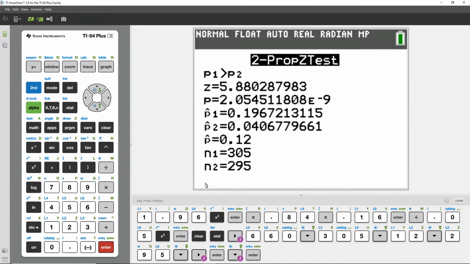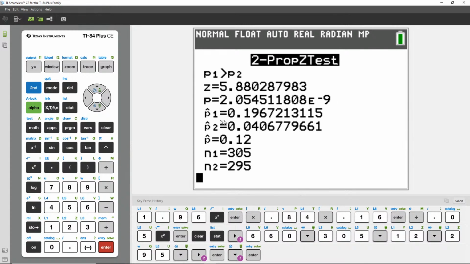Now, what did we get? We got the test statistic as 5.811. That is very significant because remember, this is the z-score on a standard normal distribution where the mean is 0 and the standard deviation is 1. That's 5 deviations positive. The p-value is 2.05 times 10 to the negative 9. That's like on the nanoscale. It's extremely tiny, about 2 parts per billion.